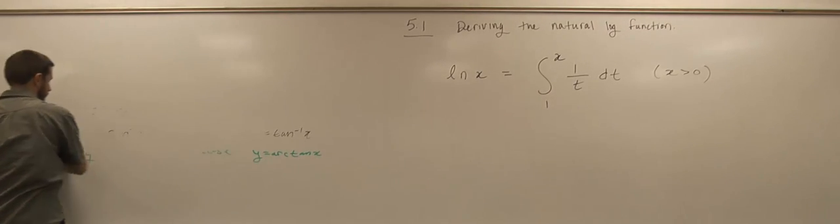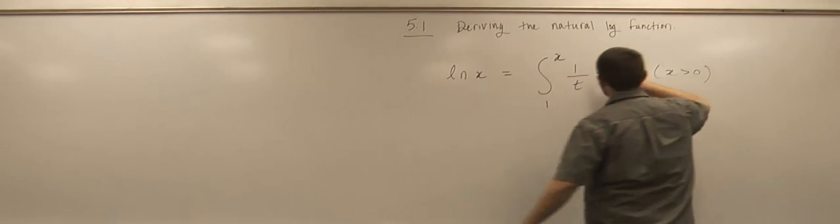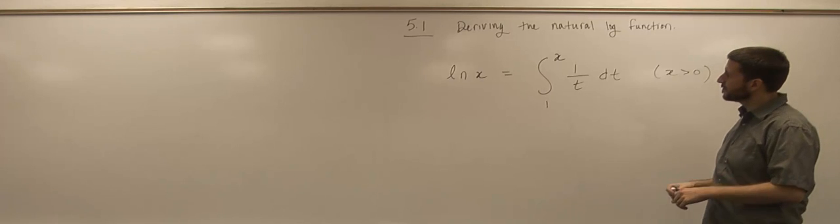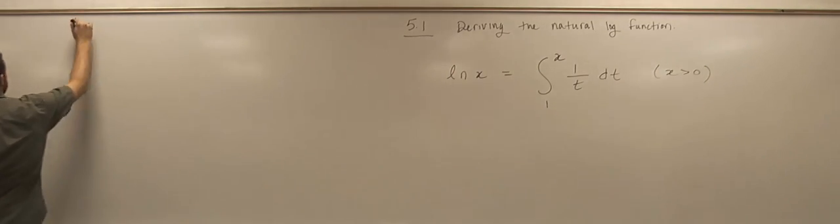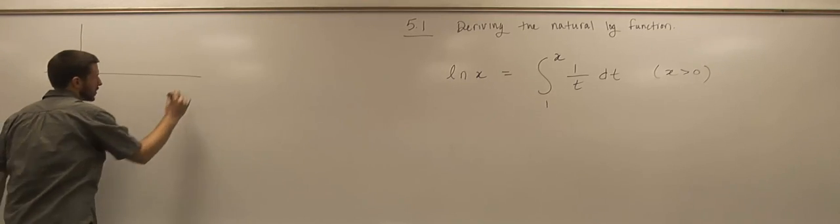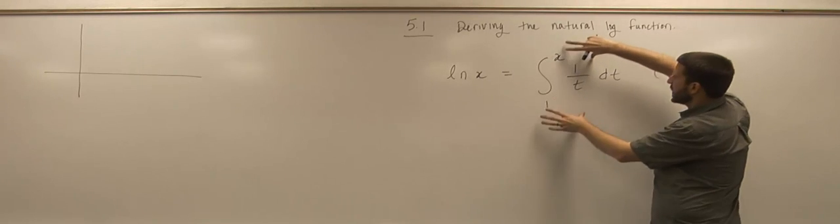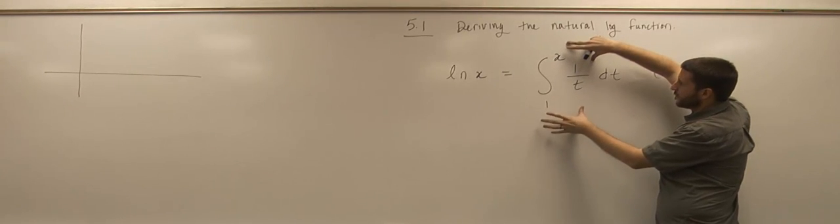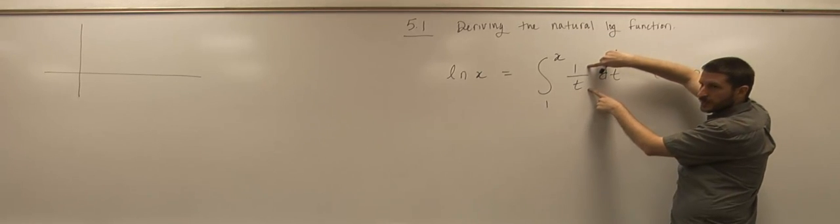Like, how do you visualize, how do you think about the integral from 1 to x of 1 over t dt? Remember, we talked about these a little bit. These are called accumulation functions. And what this is going to calculate, what this is going to basically count, is the area under the curve of 1 over t.